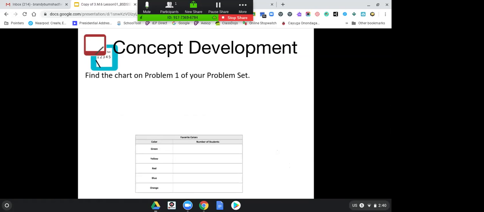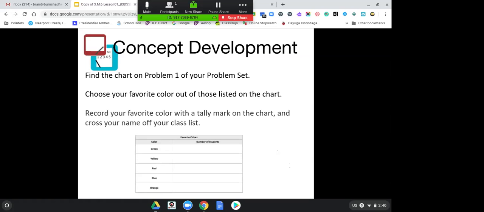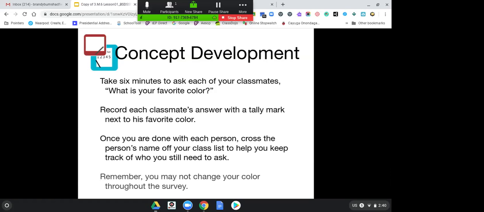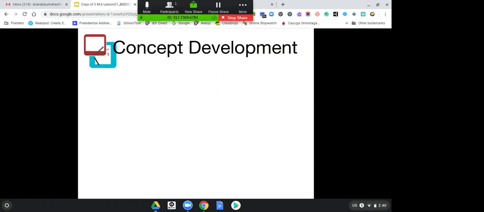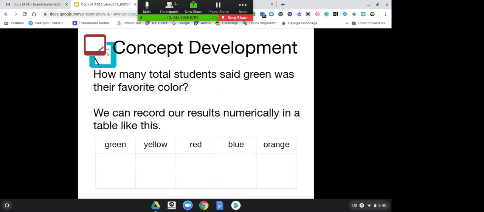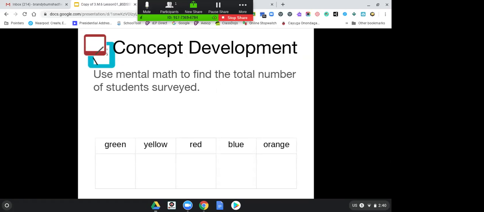So look at your problem set and find problem 1. Choose your favorite color on that chart. We aren't going to be able to do this because we're not in class.